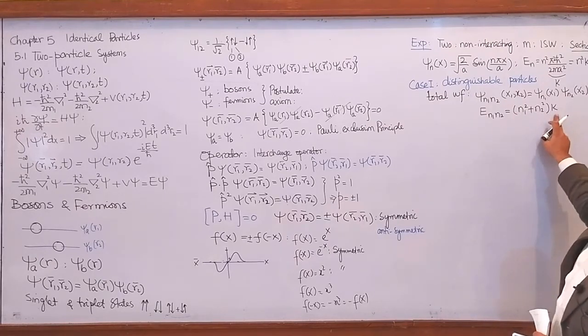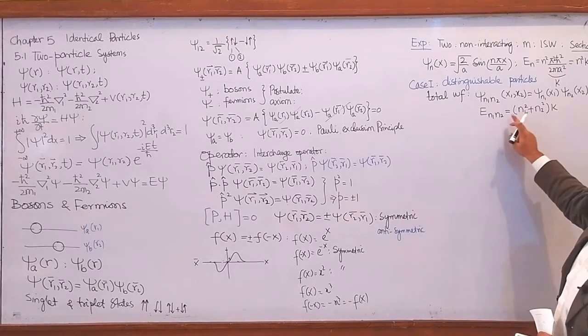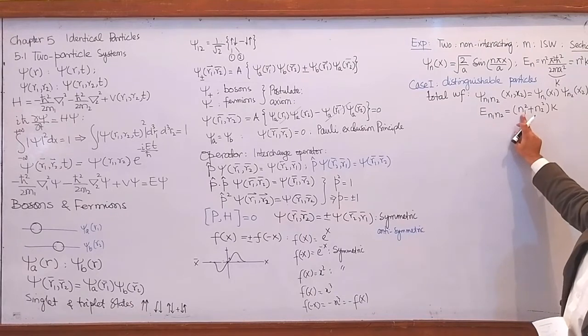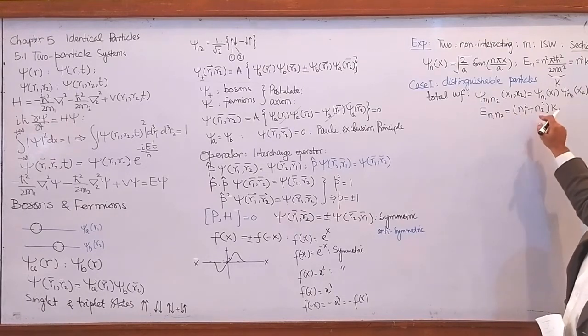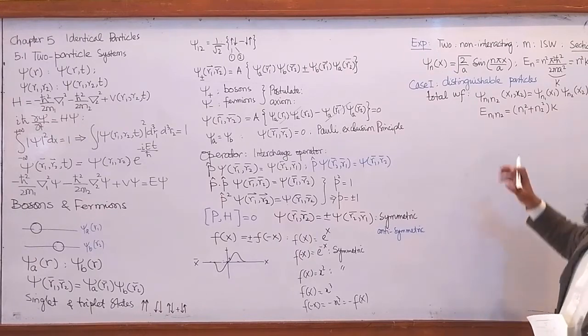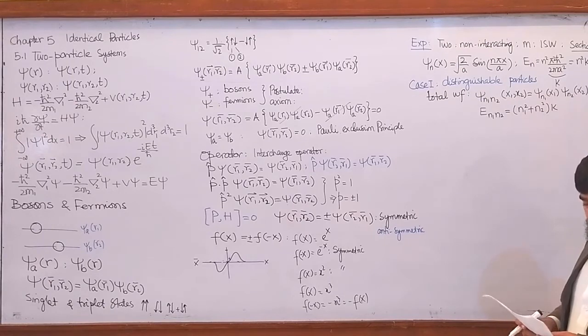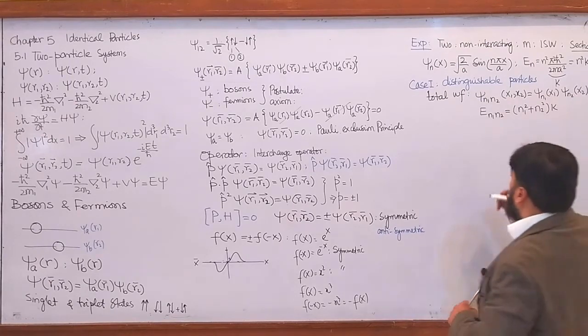Clear? Just k taken as common, because particle 1 will have n1 square k, particle 2 will have n2 square k, and the whole configuration in the infinite square well will have this much energy, the addition of the two energies.